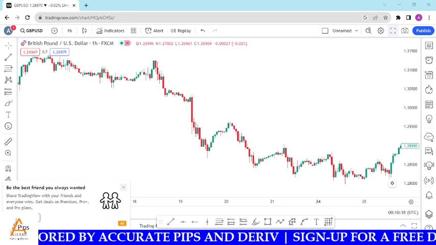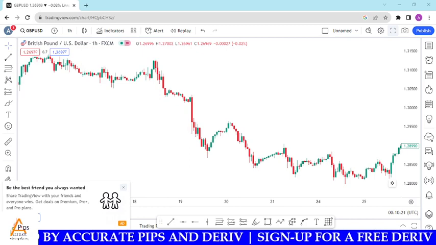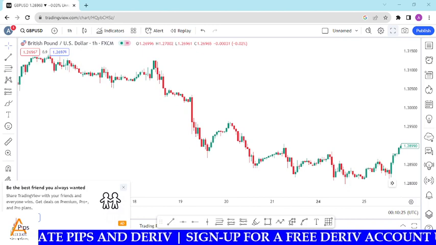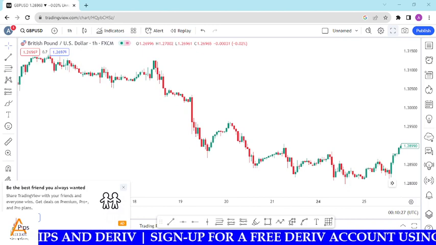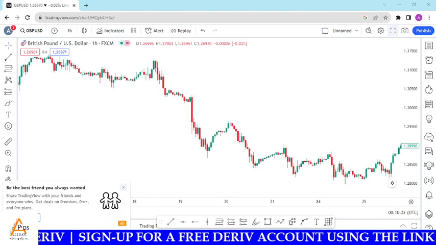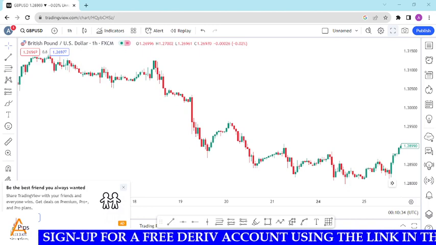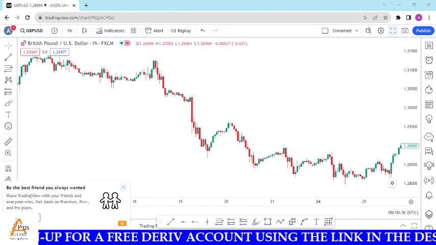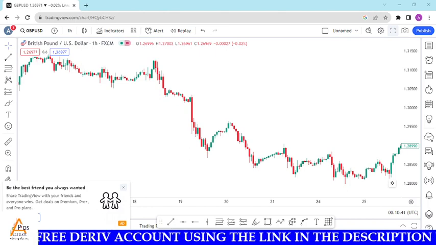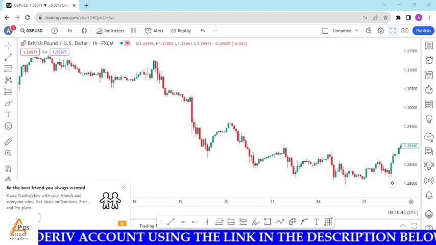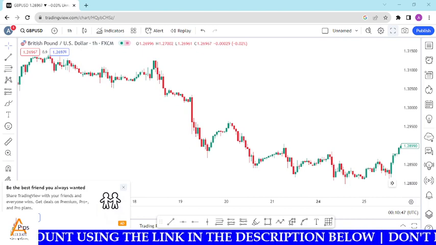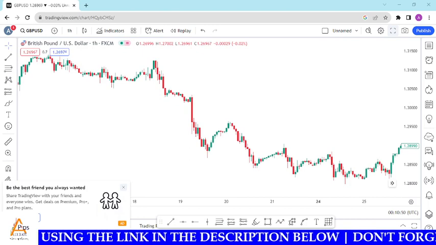Now, to have a valid change of character, as I taught you under structure, you need to have price closing, a candle closing below the valid low in a bullish trend, and above the valid high in a bearish trend.